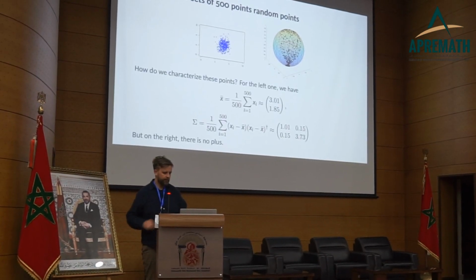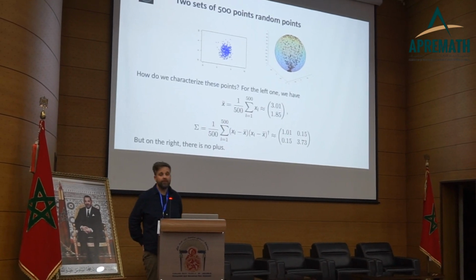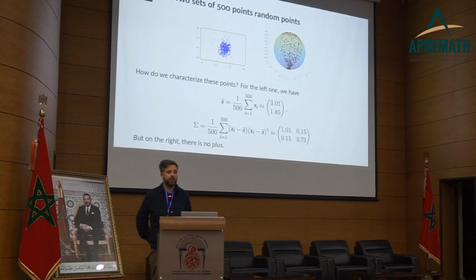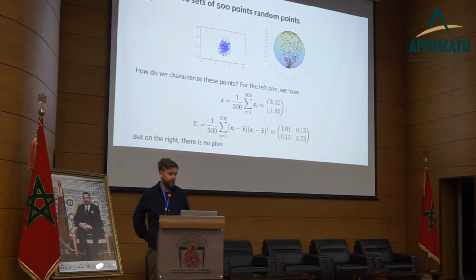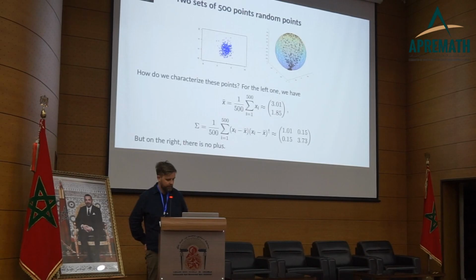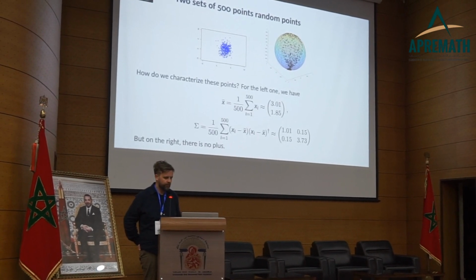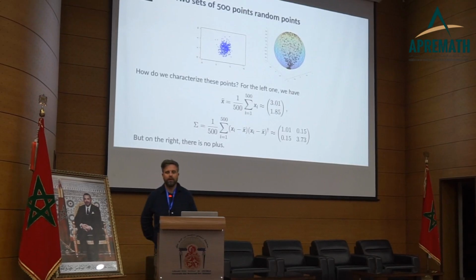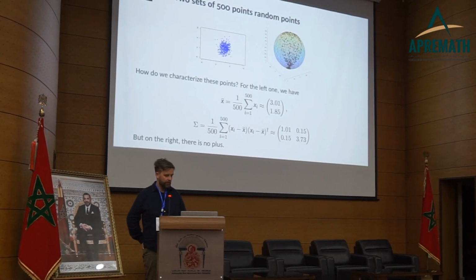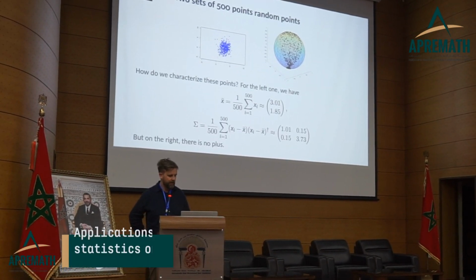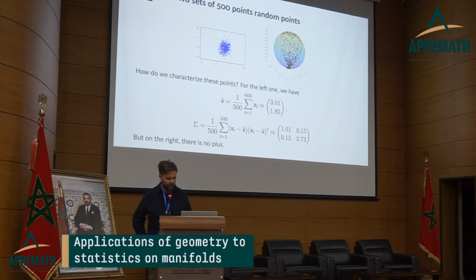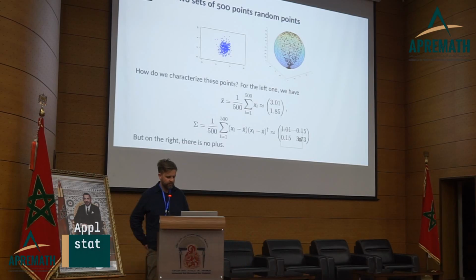Well, for the points on the left, I can calculate the mean. It says that a good central value for these points is around 3 and 1.85. And then I have a covariance matrix, which I can compute, which gives me 1 here, 4 here.